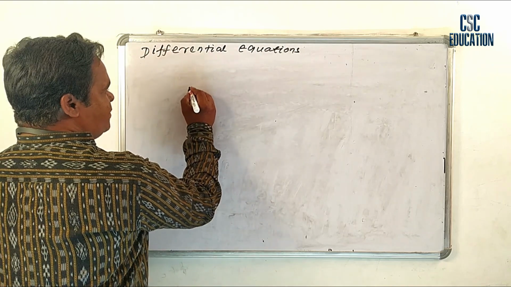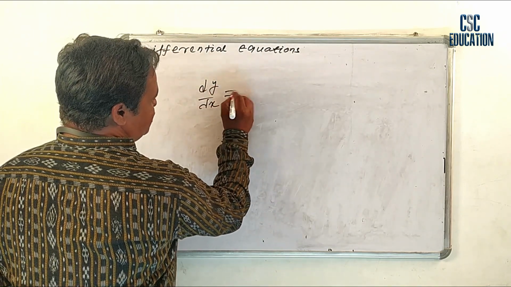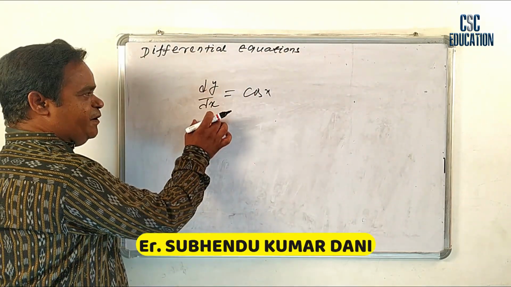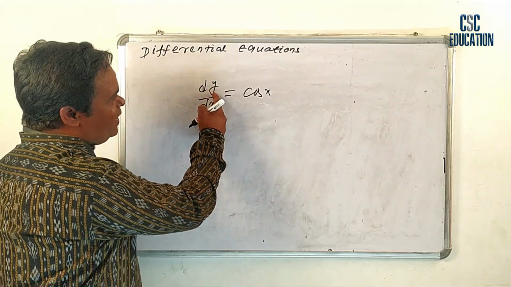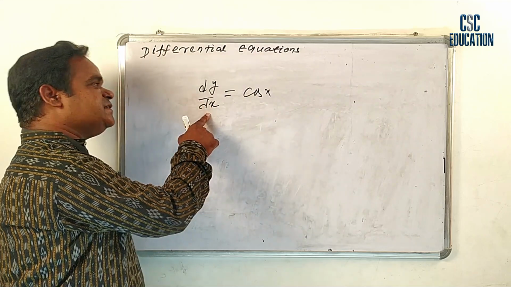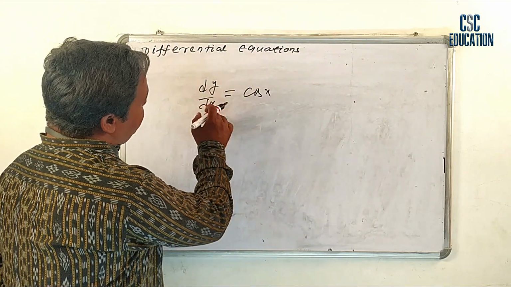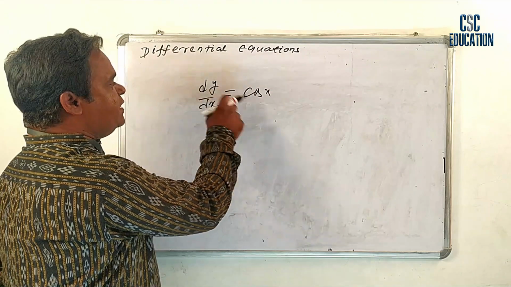Okay. So first of all, suppose dy by dx equals cos of x. Here is the derivative part dy by dx. Is it the differential part? y is the function, here derivative with respect to x. So dy by dx equals cos x. Okay. Here the derivative is d by dx.